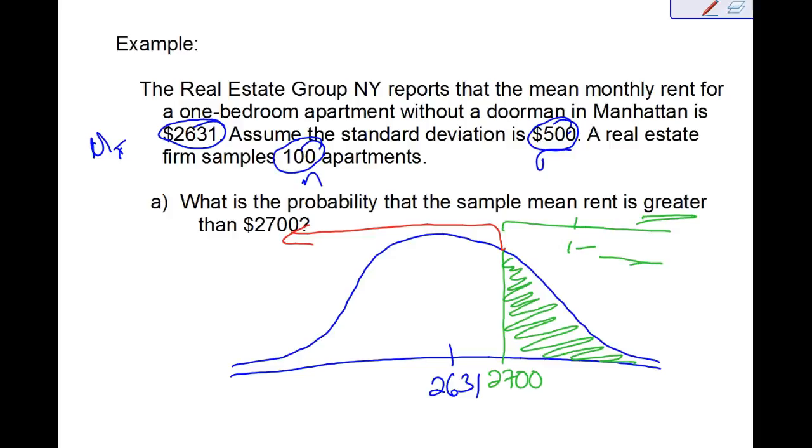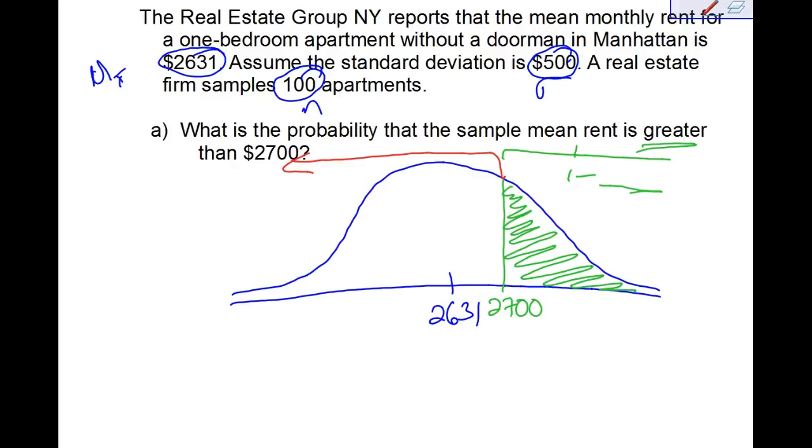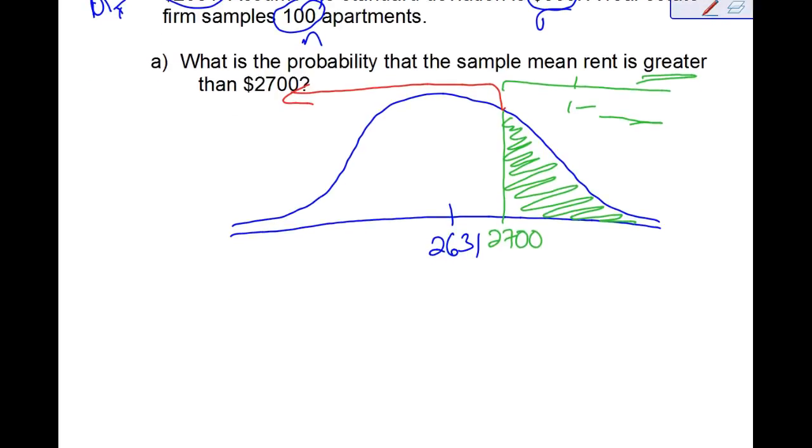We just have to remember that now, when we're doing our z-value, instead of just x, we're looking at our sample mean, minus the mean, divided by our standard deviation over the square root of n.